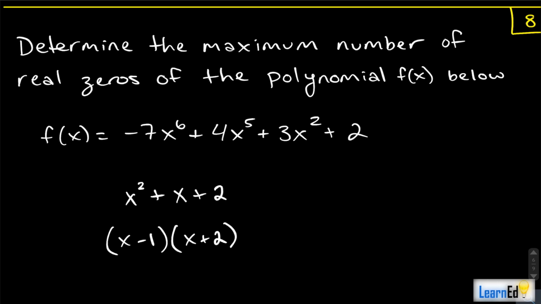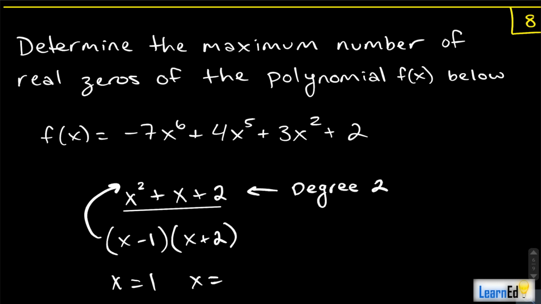This has an exponent of 2. That's the largest term, the degree of this polynomial. This polynomial has degree 2, so it can have a maximum of 2 real zeros, right? In other words, here our zeros are x equals 1, x equals negative 2.